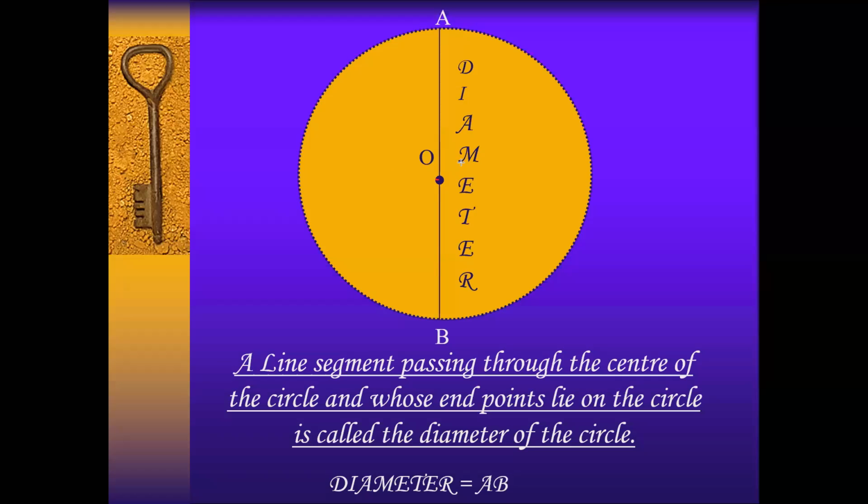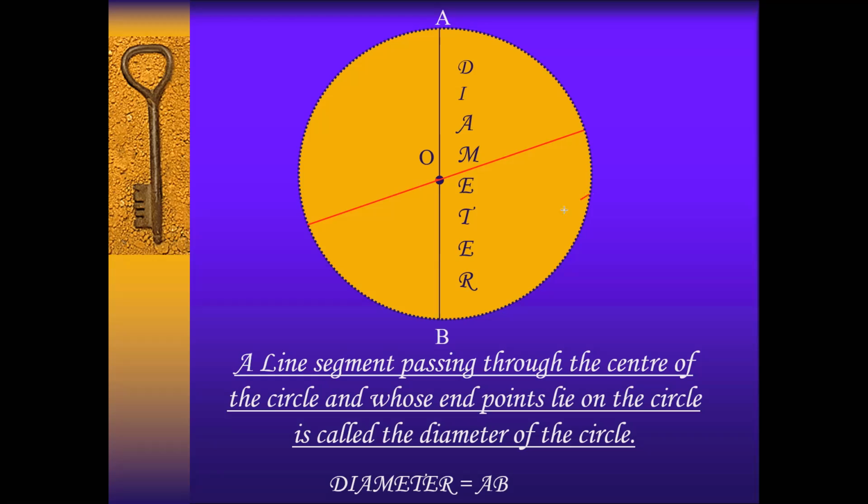A diameter would be a line from any point, like I'm starting from here, from any point of the boundary, that connects to another point of the boundary, but it has to pass through the center. If a line starts from one point of the circle boundary and ends at another point of the boundary, that is known as a diameter, but it has to pass through the center point.